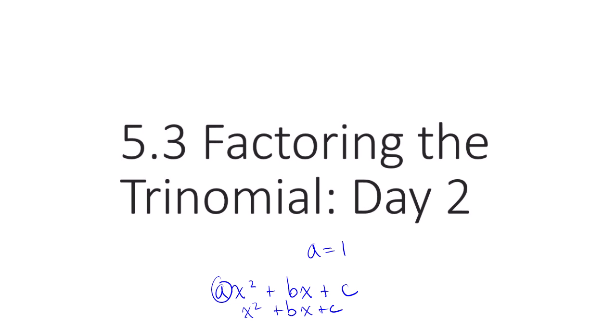Then when we combine these, that's how we get negative 5xs. So that's a way you can check if you're not sure, or if you forget the rules about the signs: you can FOIL it out and make sure that you end up with this. All right, let me clear that up a little bit.